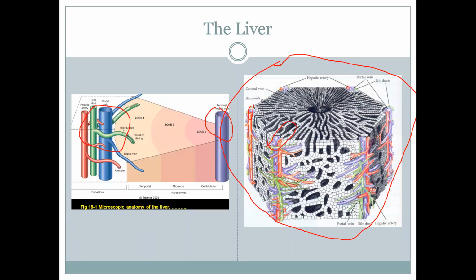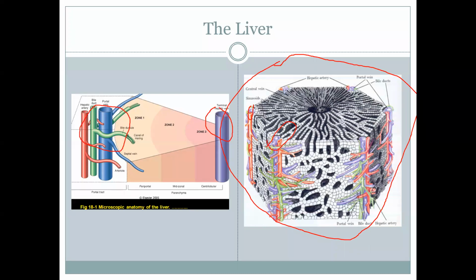Now, zone 1 is the area that is mostly supplied with oxygen because it is the nearest to the hepatic artery in the portal tract. Zone 3 is the most distal region from the portal tract, so it is the area that is most likely to suffer as a result of ischemia. Zone 3 is also a region that is very rich in detoxifying enzymes.